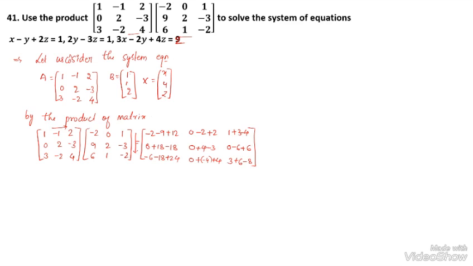Okay, now I can solve this one. Here minus 2 minus 9 plus 12 minus 11 plus 11, this is 1. Plus 4 minus 4 gets cancelled, you will get 0, 0. Here plus 18 minus 18 gets cancelled, that is 0, 1. 4 minus 3 is 1, 0. Similarly, minus 6 minus 18 is minus 24, and this 24 gets cancelled, you will get 0.